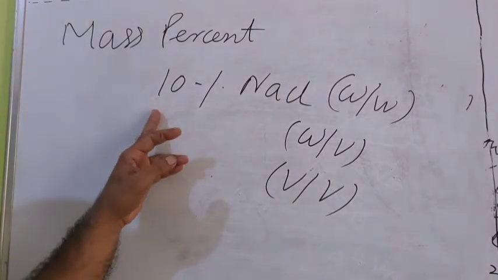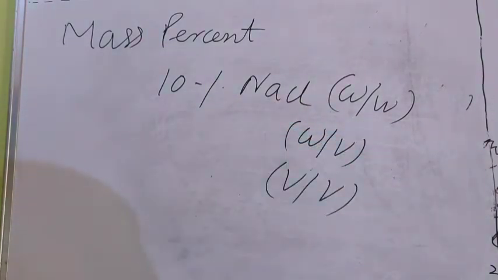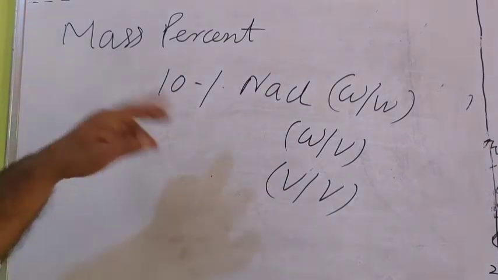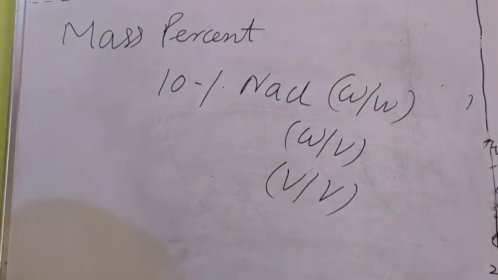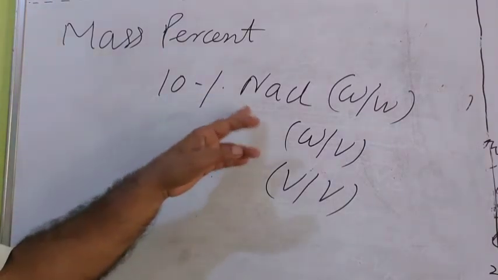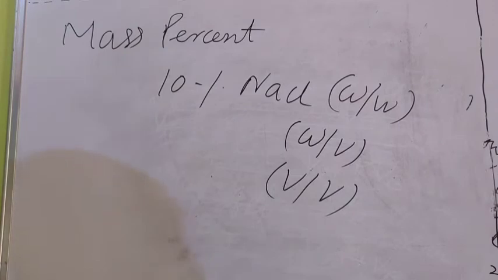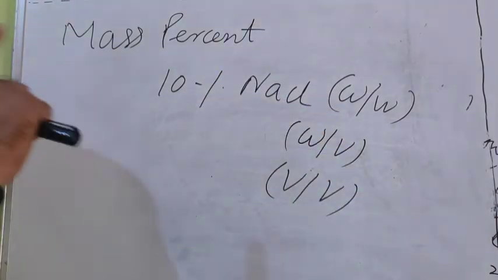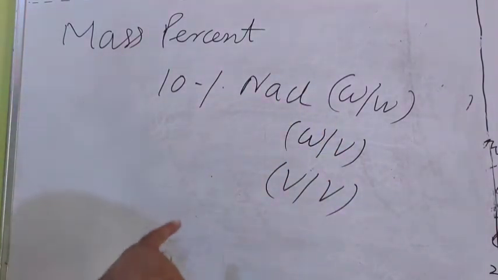So a 10% NaCl solution, W by W, means 10 gram of NaCl present in 100 gram of solution, or 90 gram of water. If you take the aqueous solution of sodium chloride, a 10% aqueous solution, W by W means 10 gram of NaCl in 100 gram of solution, or 90 gram of water.